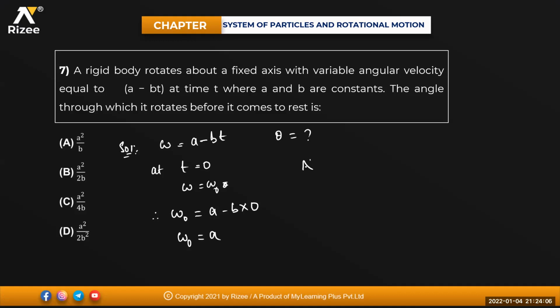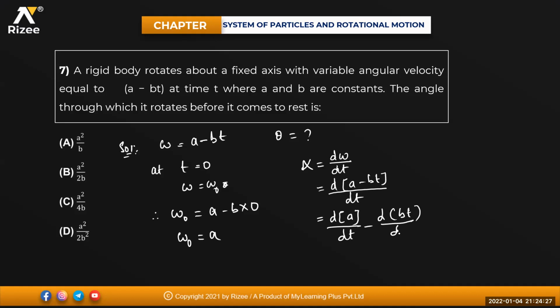Then alpha value will be equal to how much? Alpha is equals to d omega divided by dt. That is equals to d of a minus b into t divided by dt. So that is d of a divided by dt minus d of b into t divided by dt.